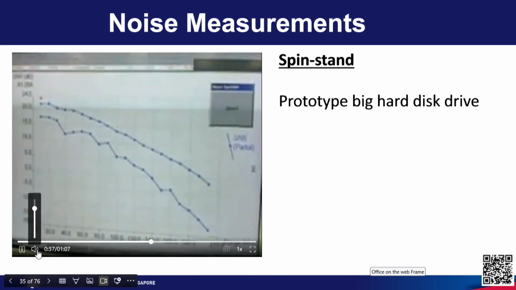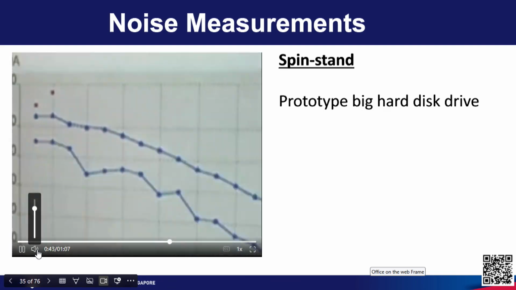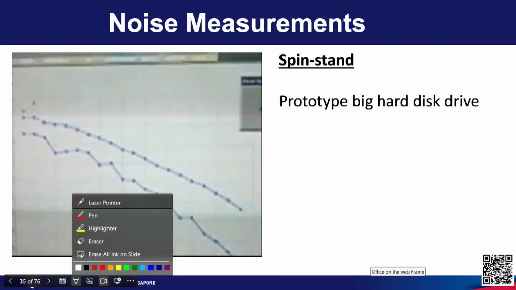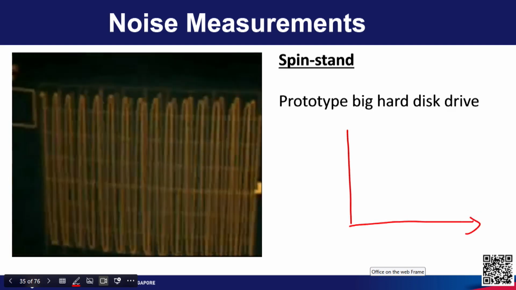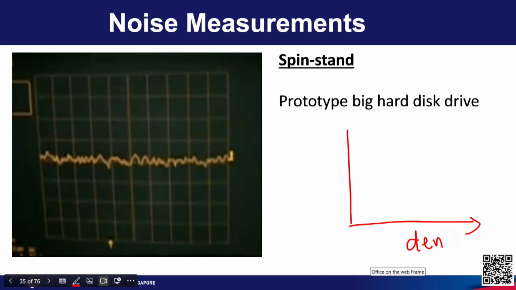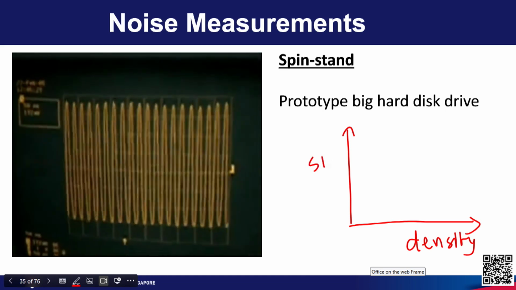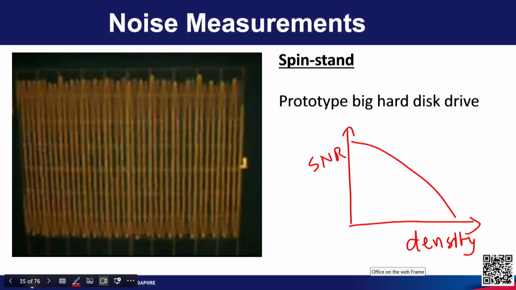Okay, so in this picture, the x axis is the density at which I store information, and the y axis is the signal to noise ratio. So, that graph you saw is something like this. The signal to noise ratio keeps getting lower and lower as you pack more and more information closer to each other.